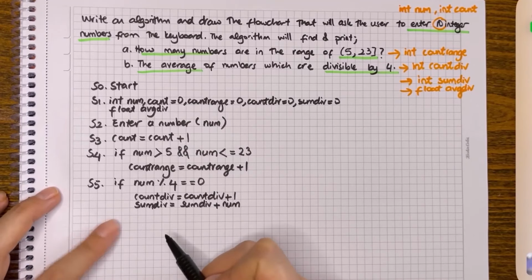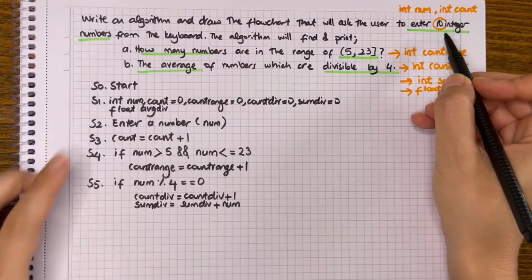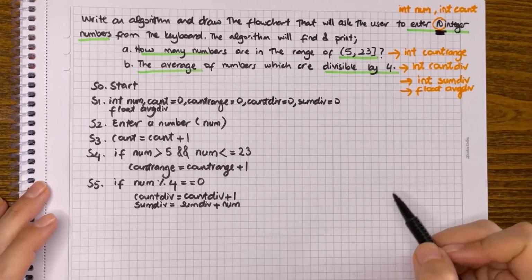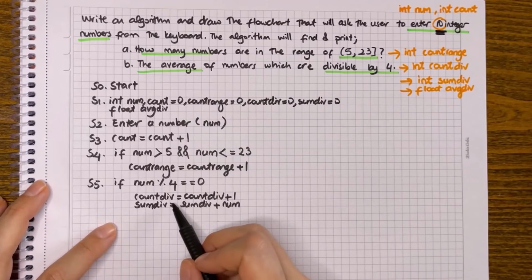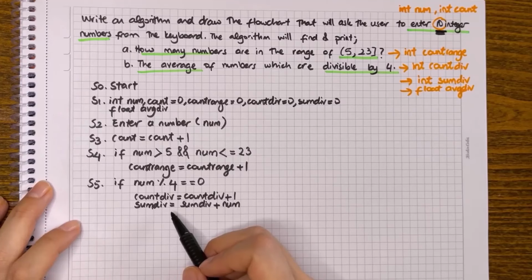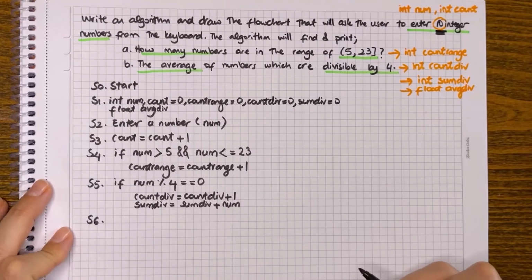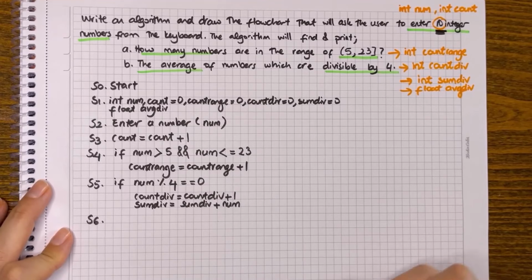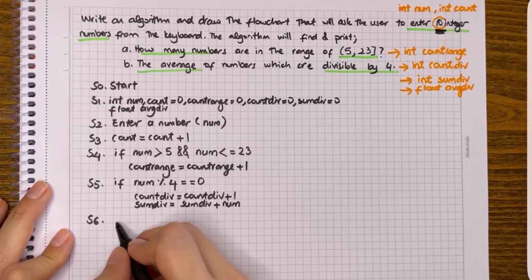I need to repeat all the steps for the 10 numbers. After we finish 10 numbers, we can calculate the average. So in step number 6, I am ready to check the general counter, whether we reach the 10 numbers or not.